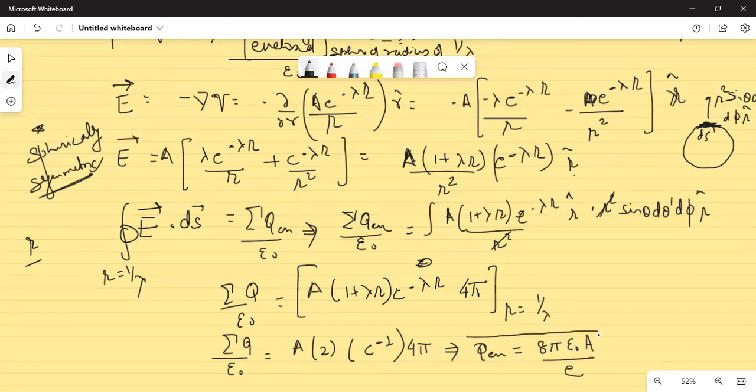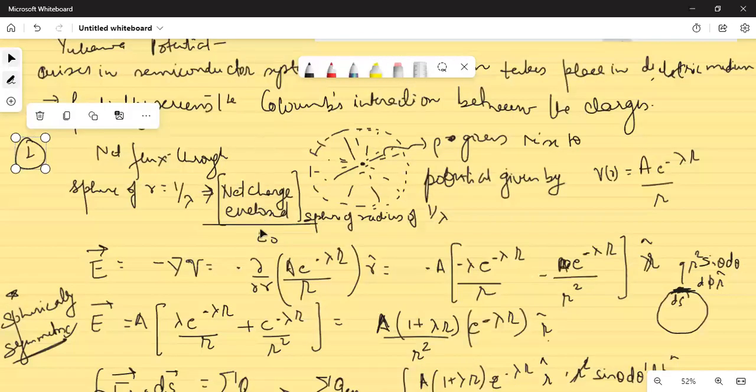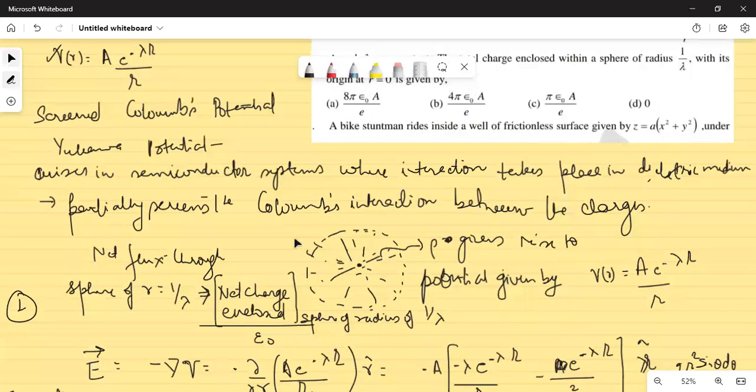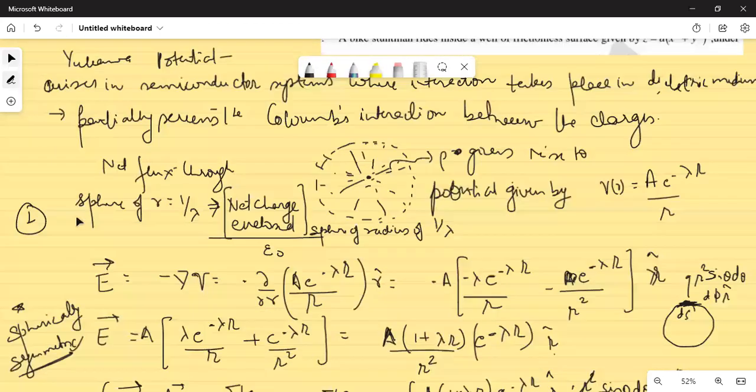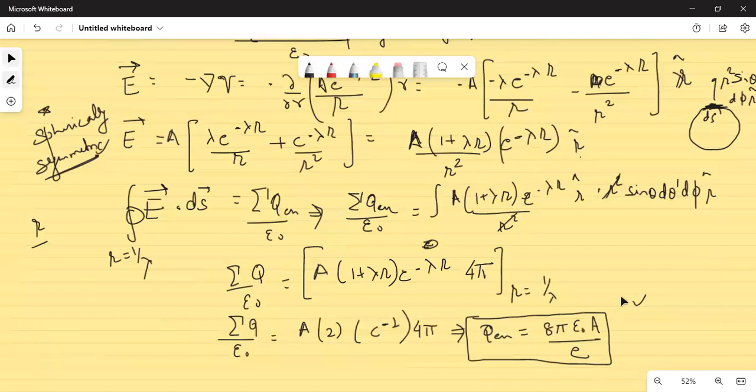This is the net charge enclosed within a sphere of radius 1 by lambda when your potential is the Yukawa potential. Whatever charge distribution generates such a potential, if we enclose it within a sphere of radius 1 by lambda, the total charge enclosed would be 8 pi epsilon naught A upon e. Is that clear to you? I hope it is easier for you to follow.